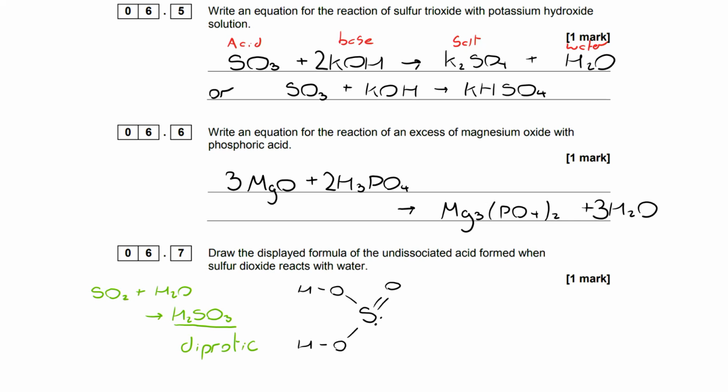But we're not making H2SO4, we're making H2SO3. Now, I know that it's going to be diprotic, so I know there'll be 2 OHs. I know that the double bond O will be present there, but I know that the final O can't be there. So I end up with this structure. And as I say, H2SO4 looks identical to this, but with another double bond O coming off.